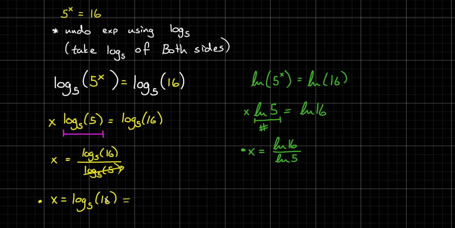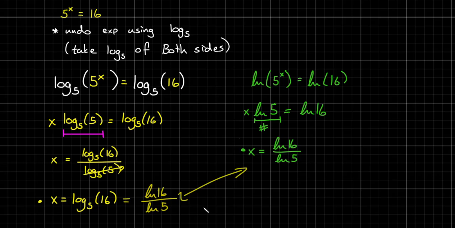I know that's a weird question, but physically on the page, which one's higher and which one's lower? This is higher, right? So the change of base says, as long as the bases match, we can do the following. I could rewrite this as the natural log or whatever log of 16 over the natural log of 5, and now we see we do get the same answer. It's the exact same answer.